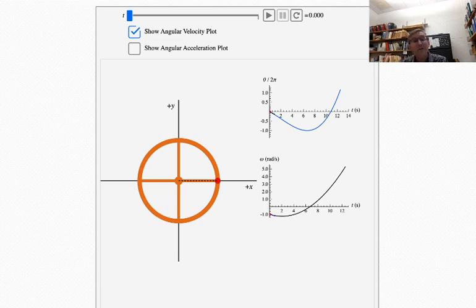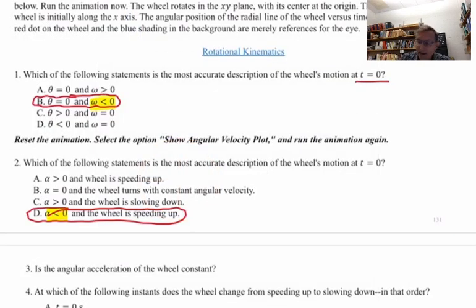Is the omega graph a straight line? No, it's not. But the omega graph is not a straight line. So the angular acceleration is not constant. So that means that the answer to question 3 is no. That's all you have to say, no.